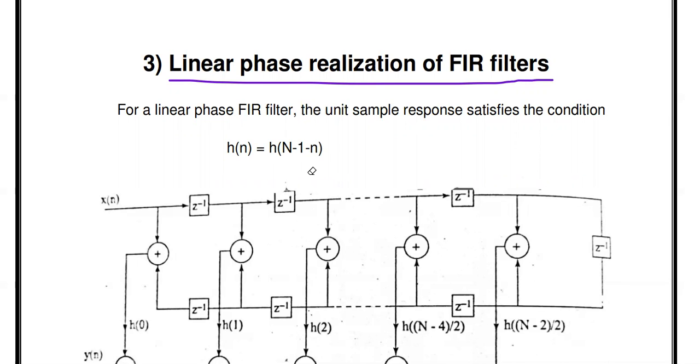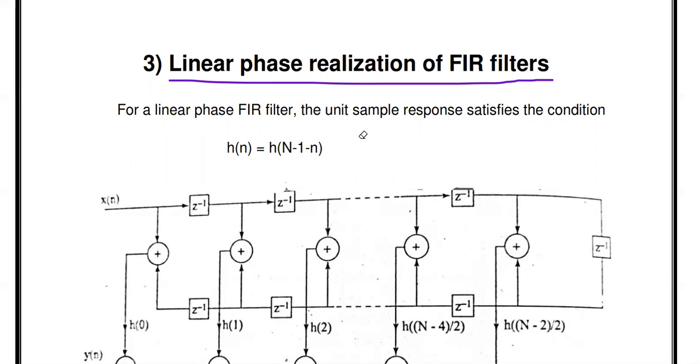In direct form realization, if you want to realize an Nth order FIR filter, we need N multipliers, N minus 1 adders and N minus 1 delay elements. Similarly, if you want to implement the same Nth order FIR filter in linear phase realization, you require only N by 2 multipliers. That is the advantage.